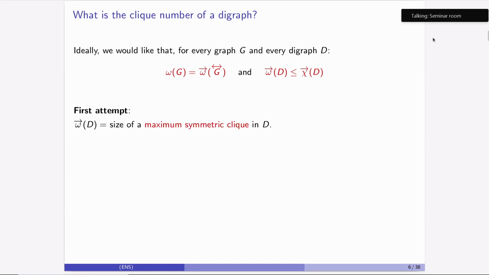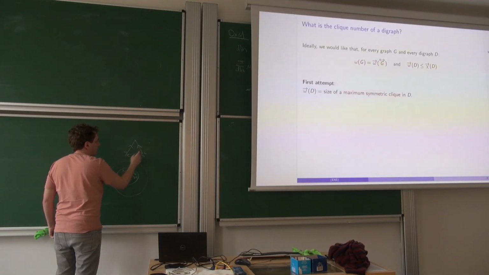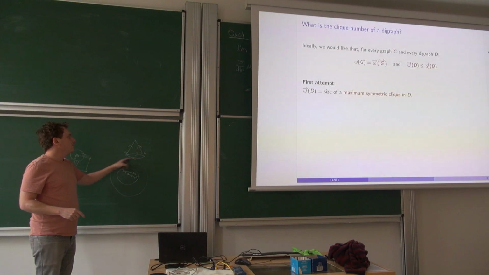The first attempt, maybe the most natural one, would be to take as clique number the size of a maximum symmetric clique in D. For example, if you have this digraph, the clique number would be 2, because there is a symmetric clique of size 2 here, but nothing else.